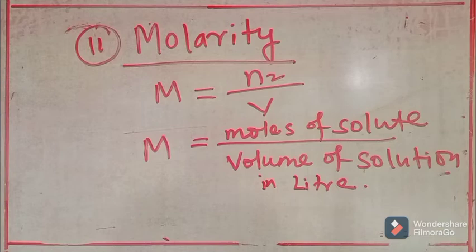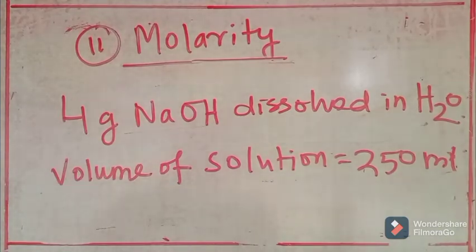Now we will have an example to find out the molarity. Say 4 gram of sodium hydroxide is dissolved in water and the total volume of the solution is 250 ml.